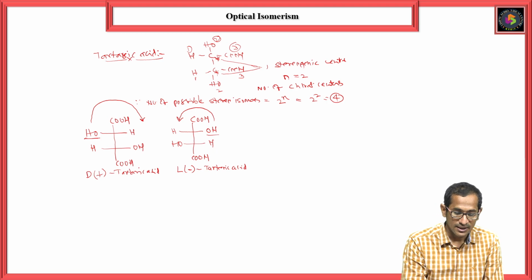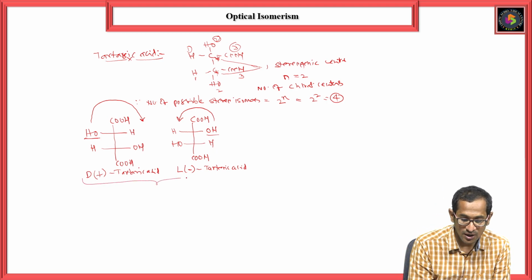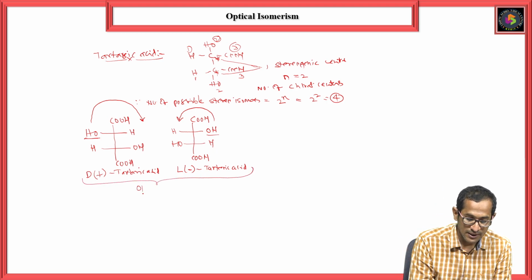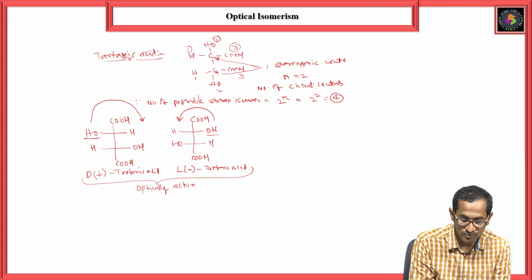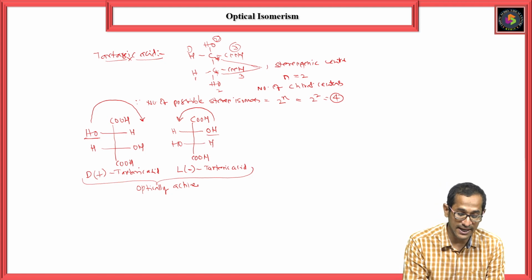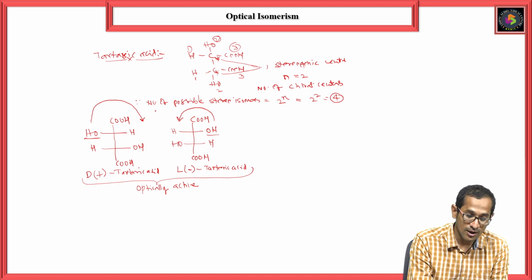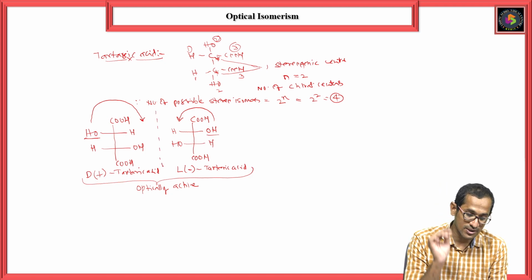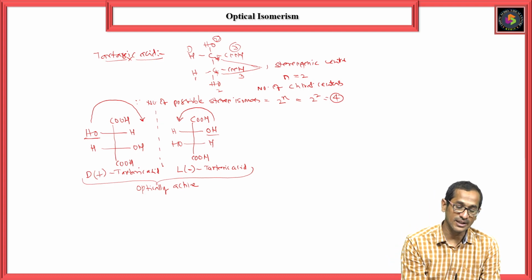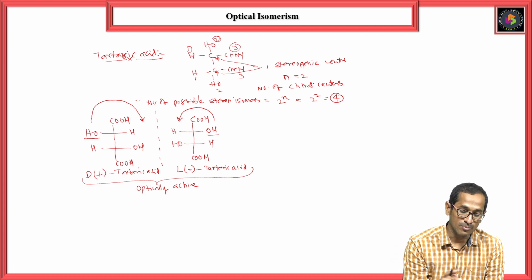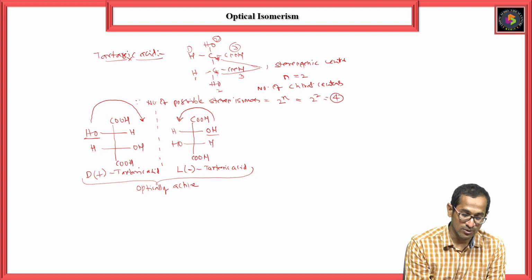Now see here, these two compounds are optically active, and these two are mirror images of each other, non-superimposable. So they are optically active compounds, and these are enantiomers.